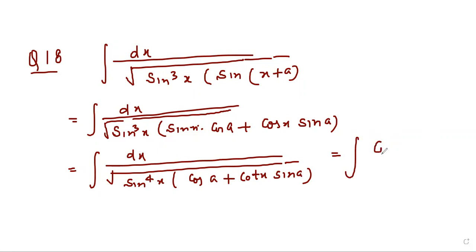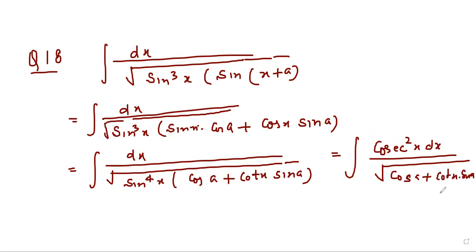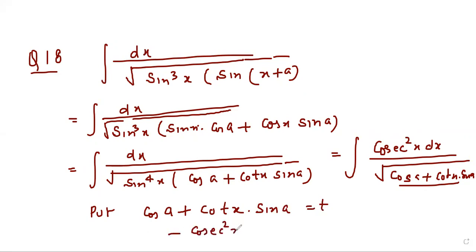So we write it as cosec square x dx divided by root of cos a plus cot x times sine a. Now let's take this denominator equal to t. Put cos a plus cot x times sine a equal to t, minus cosec square x times sine a dx equal to dt. And now next step you have to take.